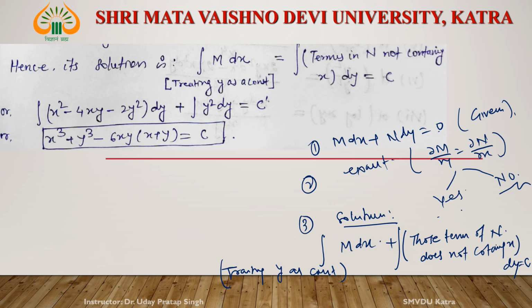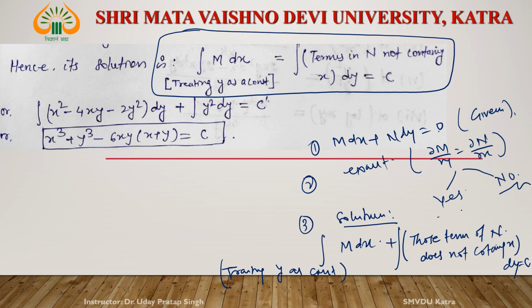It means integrate capital M treating y as constant, and integrate not all terms of N but only those terms of N which do not contain x. So this is the formula. When the differential equation of first order and first degree becomes exact, we find the solution of the differential equation using this formula.